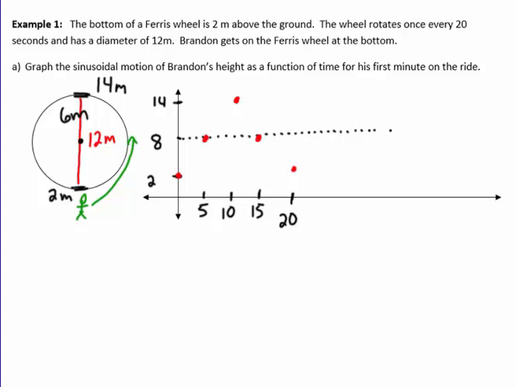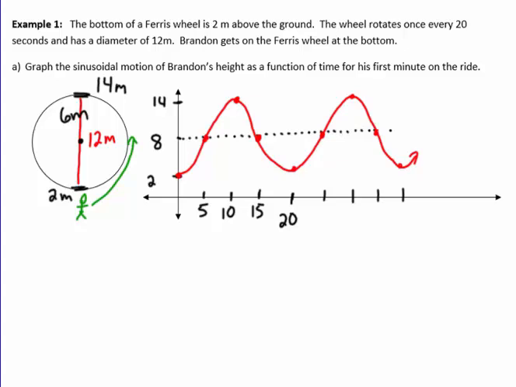Now we may want to continue the pattern just so we have a better idea, and we'll just do this for 2 periods. The pattern just continues, and this will give us our sinusoidal function. Here is our graph. Nice smooth curve through those points, and we have this periodic or harmonic motion up and down of the Ferris wheel. So there's the graph.